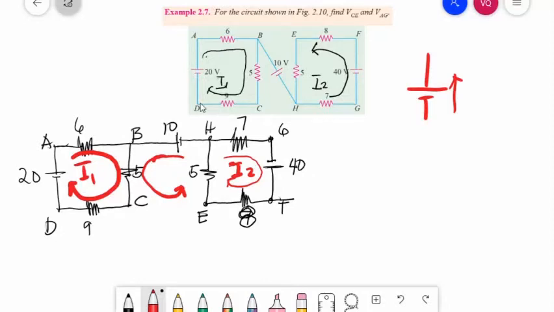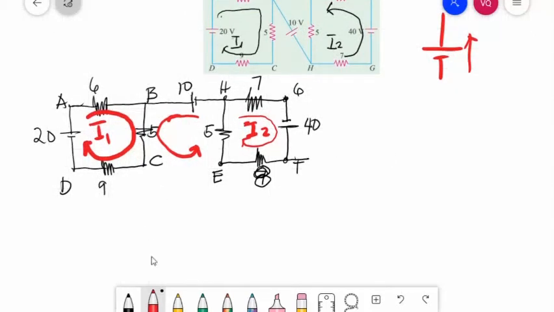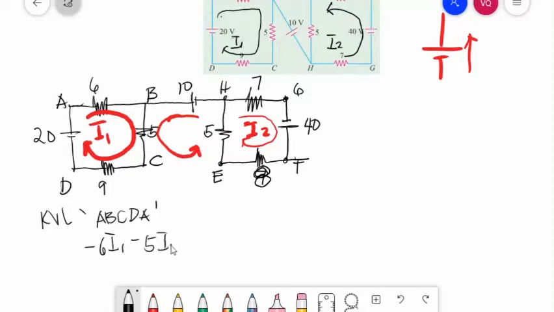Now, let's solve I1 first using KVL. Take the loop KVL A, B, C, D, A. You will have negative voltage drops at 6, 5, and 9: negative 6I1 minus 5I1 minus 9I1.